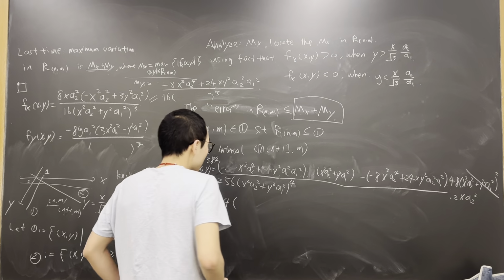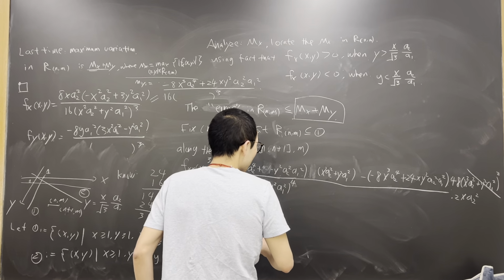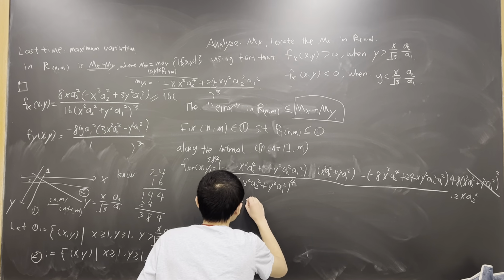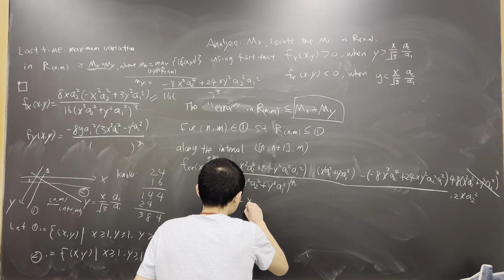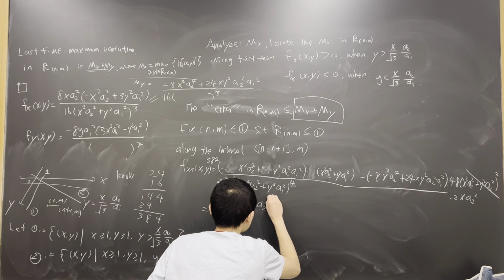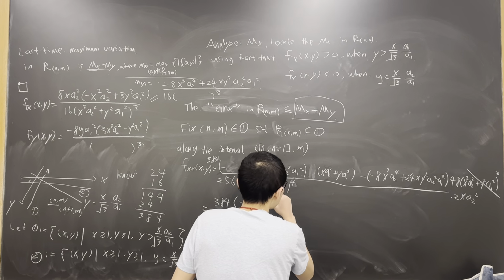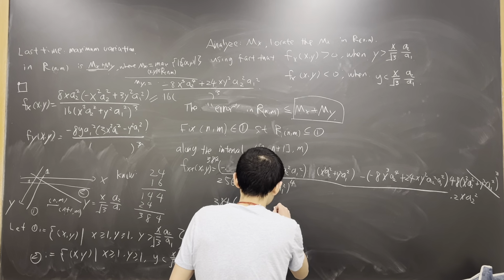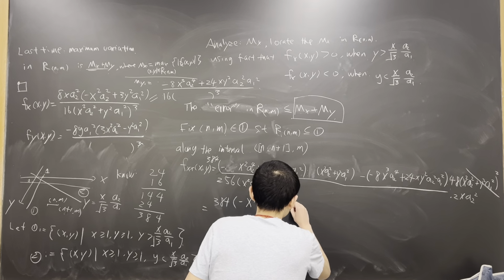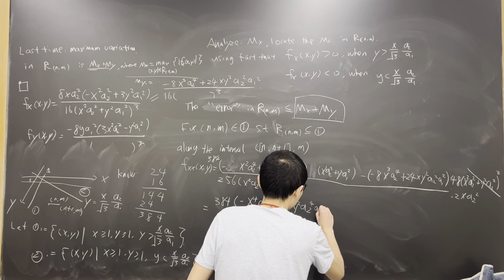And then times, so negative x to the fourth power a2 to the sixth power. So this is minus, right? X squared y squared a2 to the fourth power a1 squared.